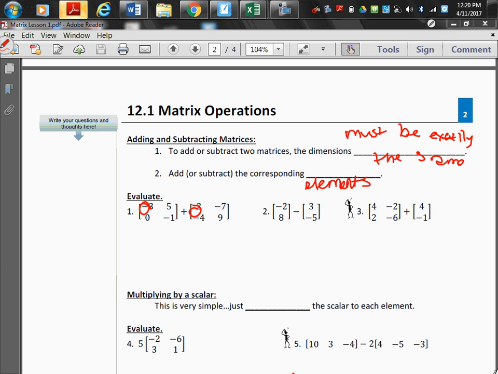So -3 plus 2 is -1. 0 plus -4 is -4. 5 plus -7 is -2. Alright. So we have -1, -4, -2, -1 plus 9 is 8.